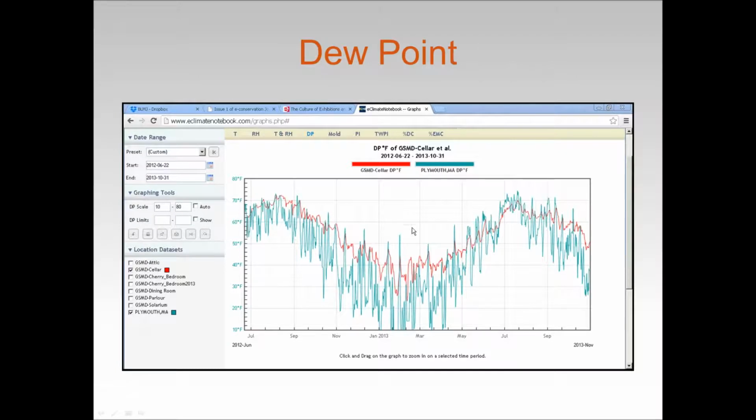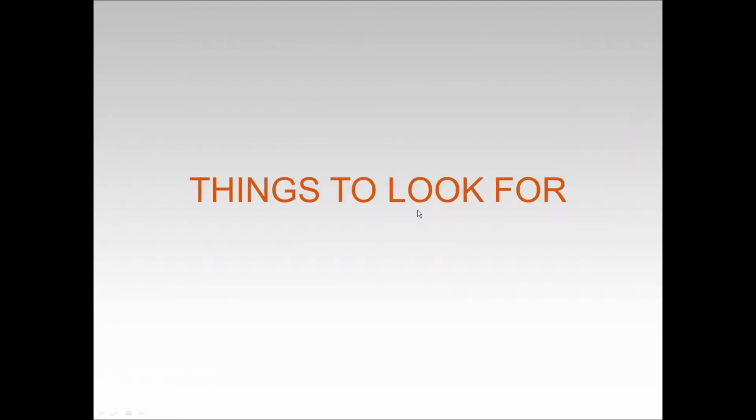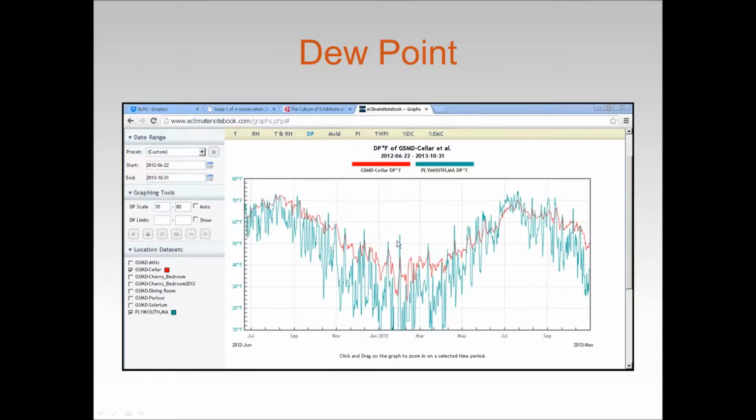Let's go back to dew point that we keep touching on. Here, you can see that this is the same historic houses in the cellar, compared to, in the teal, the exterior conditions for Plymouth, Massachusetts. What you can see in this slide is that the dew point and the cellar conditions are pretty comparable.